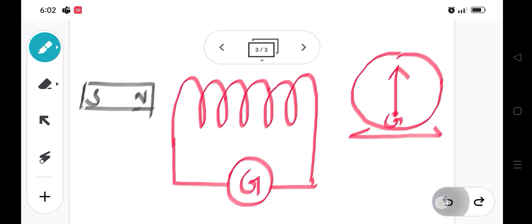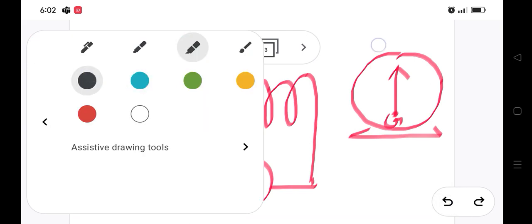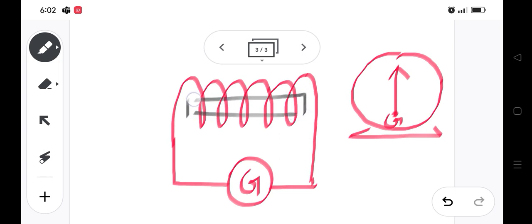Then we just inserted this magnet into the solenoid and kept it as such. Then we could notice that the galvanometer needle shows no deflection. So the current disappears. Then we took that magnet outside, and at that moment the galvanometer needle deflects in the opposite direction. So current flows in the opposite direction.